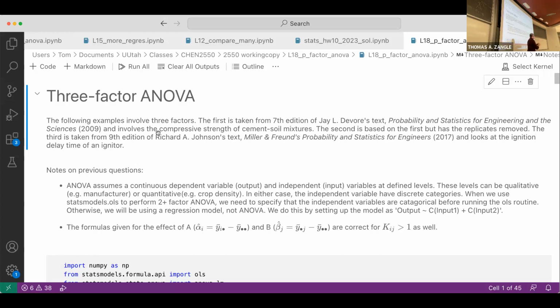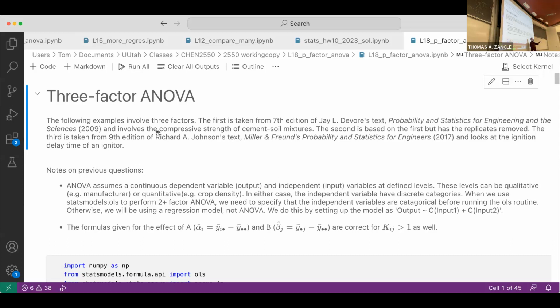We coded it as numbers, but then we have to use this C tag to tell OLS that even though we're giving it numbers, it should treat those numbers as categorical variables. We also have the density, which is quantitative, but in this case we had just chosen some discrete levels of the crop density that we used to run our experiments.